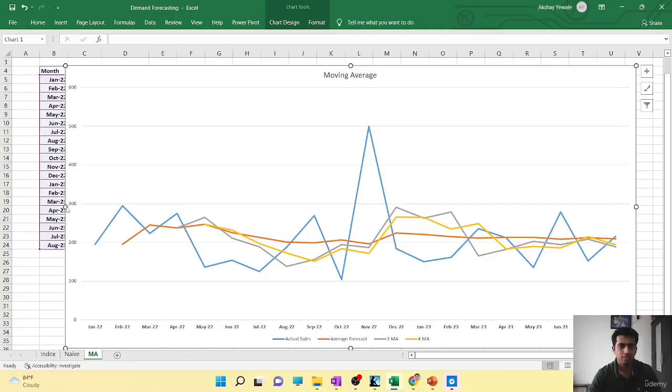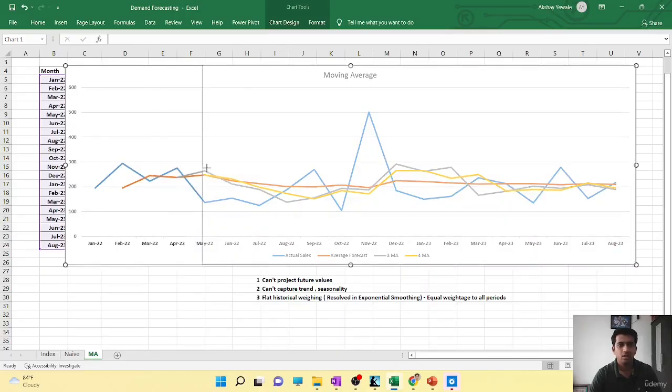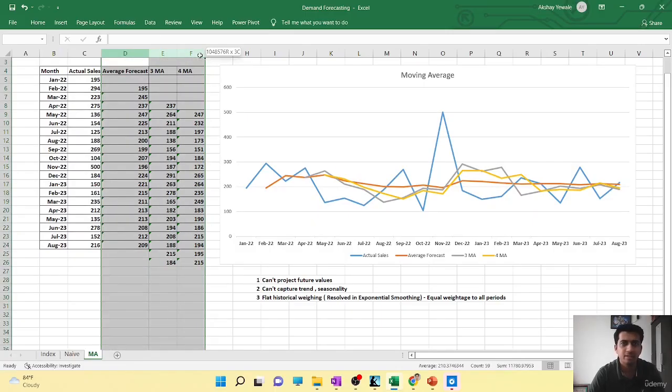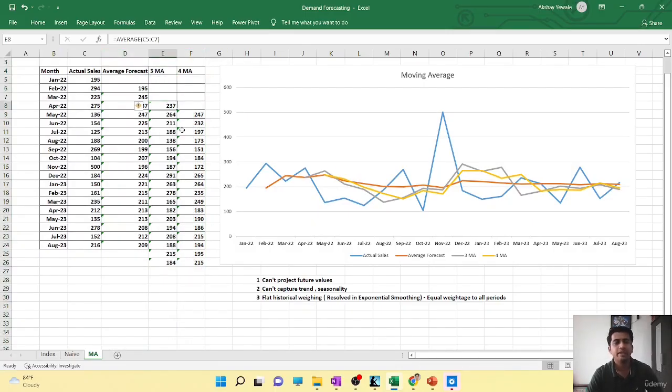Let me just minimize the graph again, and let us discuss another variation. We are discussing three variations in the moving average method. As a drawback of this method, when you take the average, the averaging really smoothens out the pattern, or makes it too stable, and it's not actually capturing the pattern.